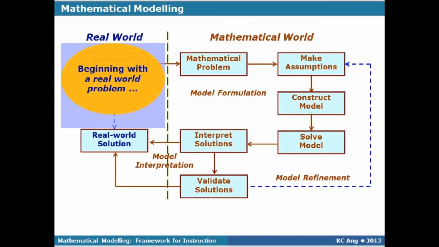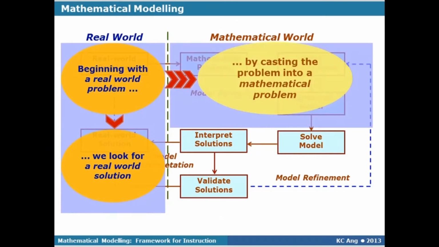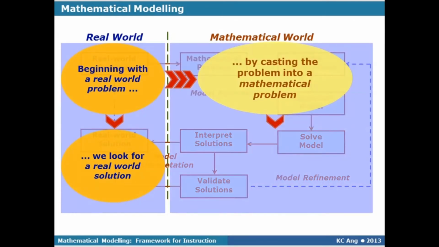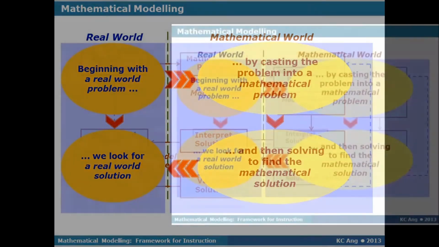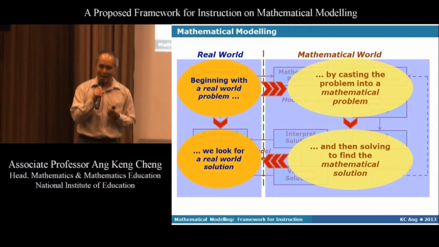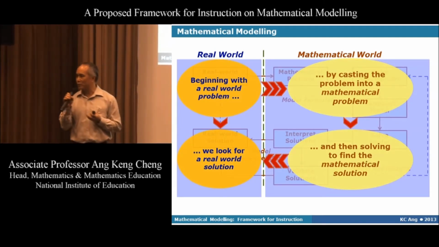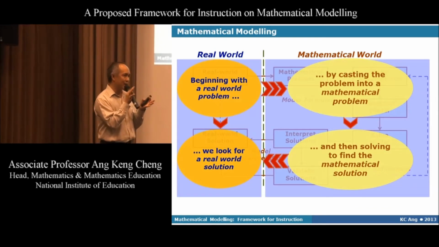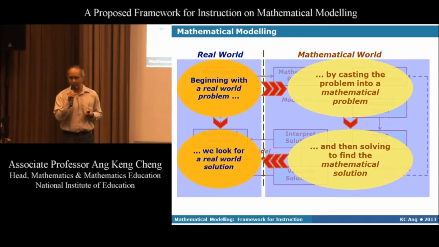Beginning with a real world problem, the intent is to find a real world solution, and you do that by casting the problem into a mathematical problem and then solving it to find a mathematical solution. The essential elements are all there, and they all say the same thing. So with that general overview, we get a big picture of what mathematical modeling is about.